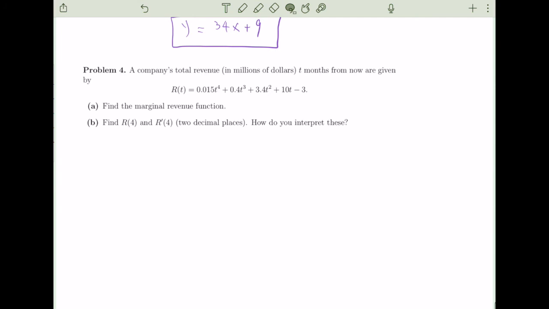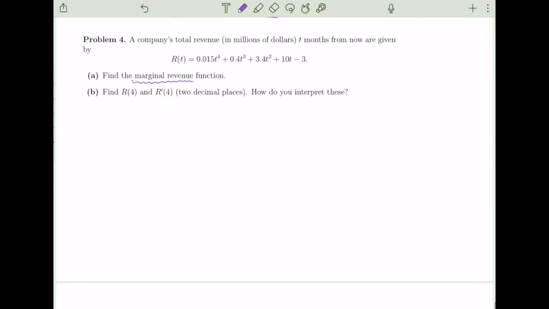So this is a function of the revenue in terms of T. Now find the marginal revenue function. We know that the marginal revenue is the derivative of the revenue function. So we just simply take the derivative of this with respect to T, right?